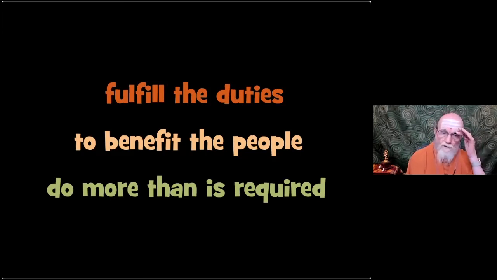So in politics, I haven't figured out a good example, but in medicine, it's common when doctors get in the middle of their career, say age 50 or so, they start to do pro bono work. And Hindus in the US tend to go back to India. So some of them work at Sai Baba's hospital for a year for free because they can afford to do that, and it's a way of giving back. So they're doing more than is required, doing pro bono work to help society.